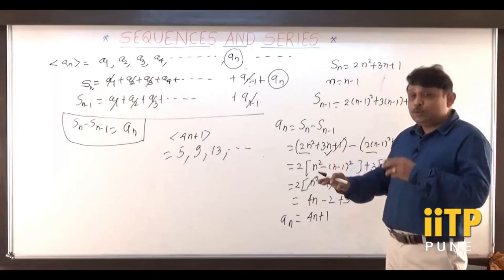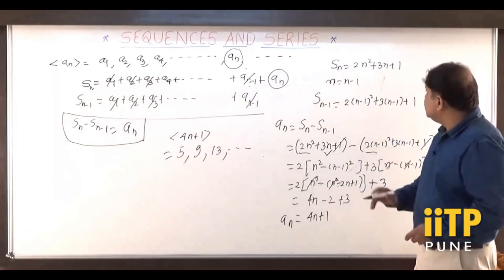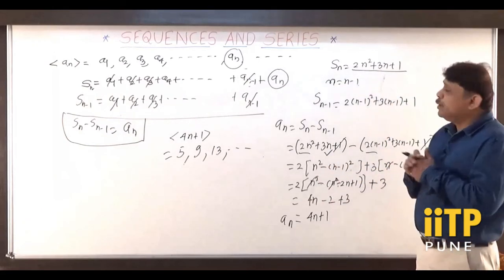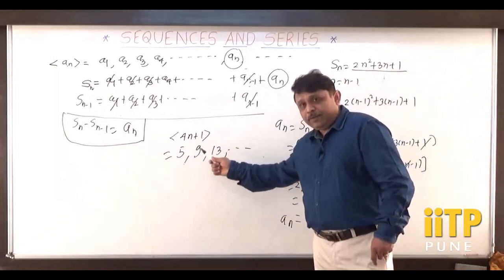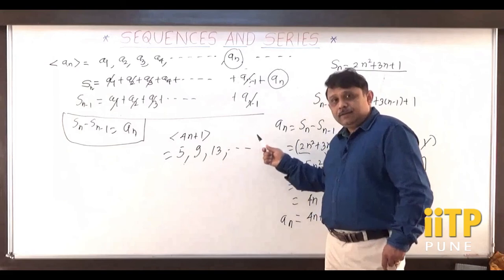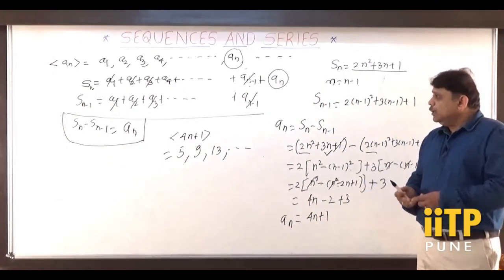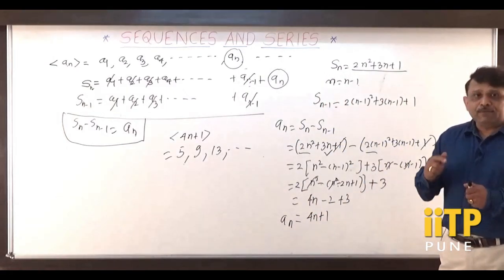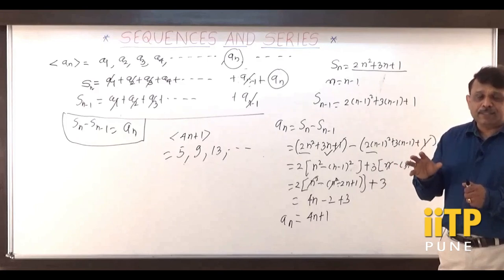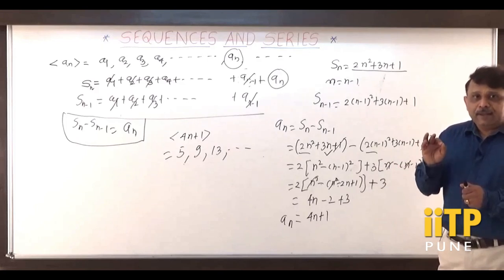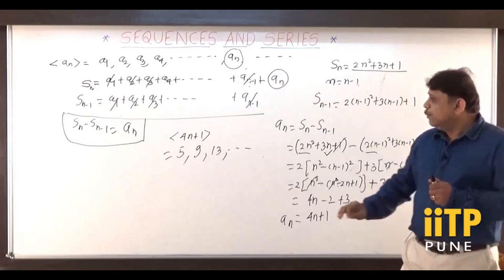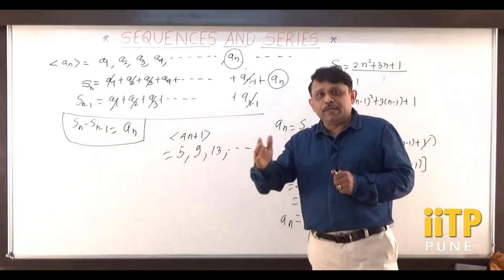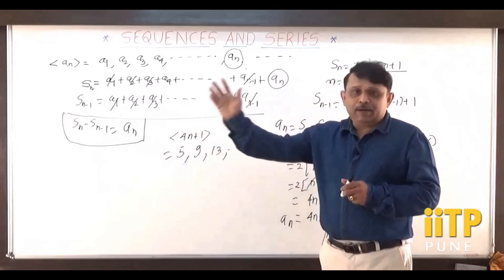So the sequence whose sum of the first n terms is given by the formula 2n square plus 3n plus 1 is 5, 9, 13, and so on. So this way, whenever the sum of the first n terms of the sequence is known, you can find its nth term, and you can find the entire sequence by putting n equal to 1, 2, 3, etc. up to n, and so on and so forth.